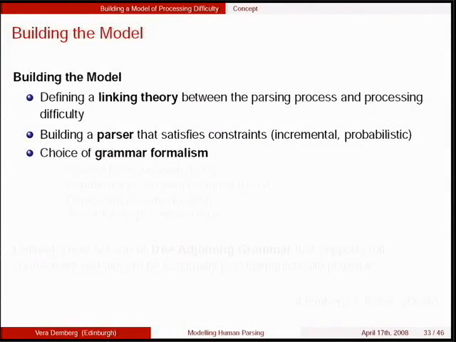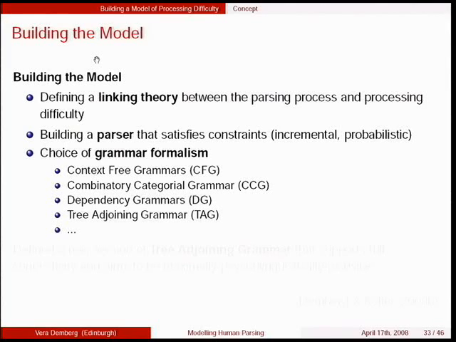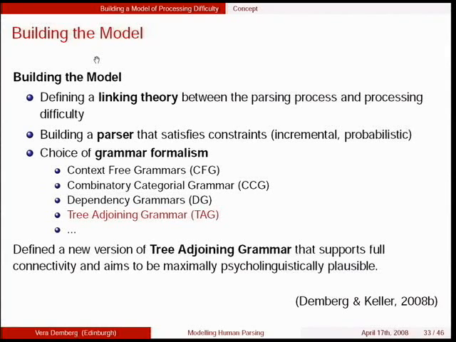I also have to choose a grammar formalism to build this parser on top of. I'm not going to go into much detail here; you can ask me about that later. But I chose tree adjoining grammars because I thought they would let me best implement this strong notion of incrementality.